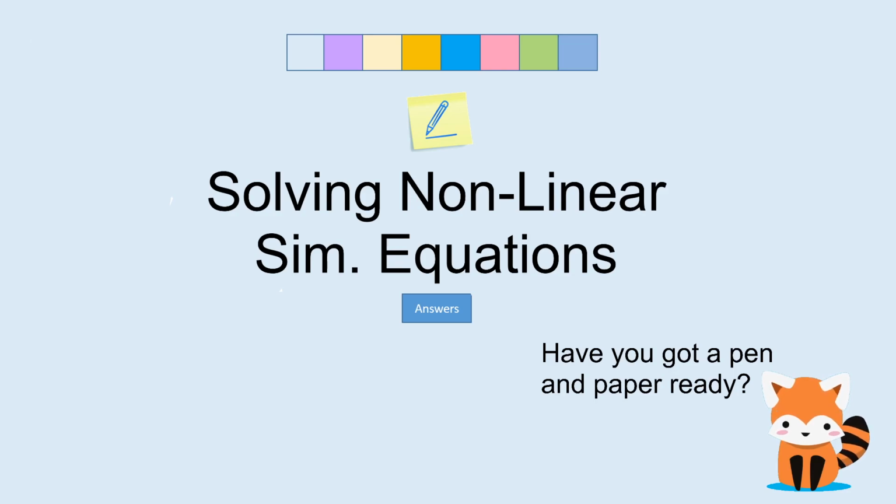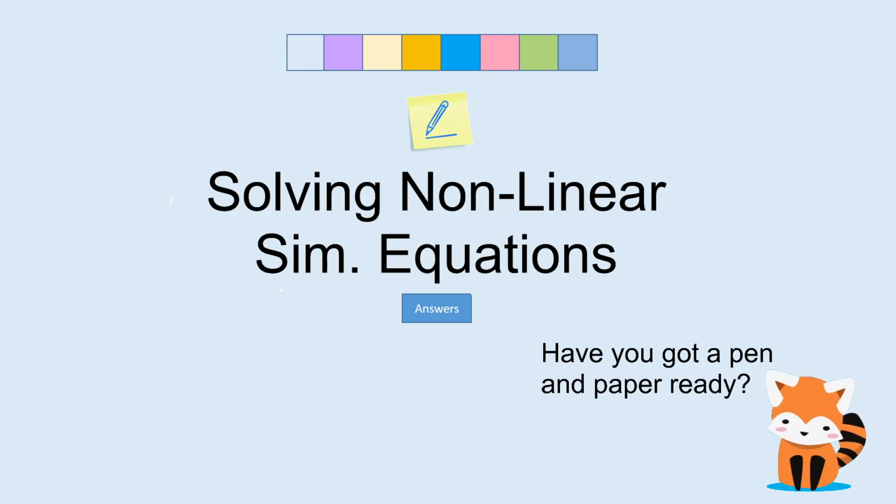And we're going to have one equation which is non-linear, and that will involve something which has squareds or, God forbid, even cubes. But we're going to be focusing on squareds. We only need to go that far for GCSE.